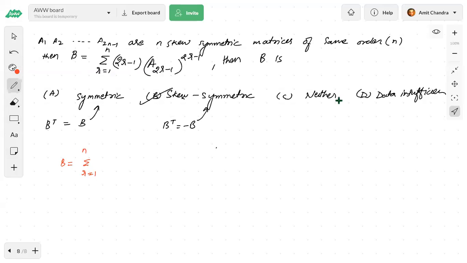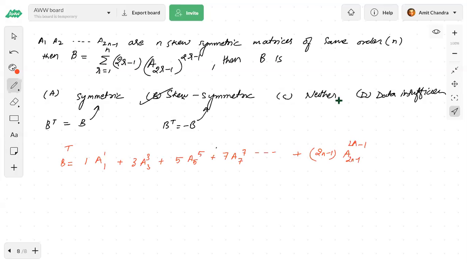If I open this, it becomes 1 into A1 to the power 1, plus 3 A3 cubed, plus 5 A5 to the power 5, plus 7 A7 to the power 7, and so on, till the last term, 2n minus 1 into A_(2n minus 1) to the power 2n minus 1.